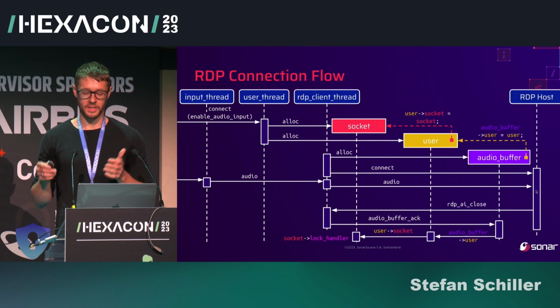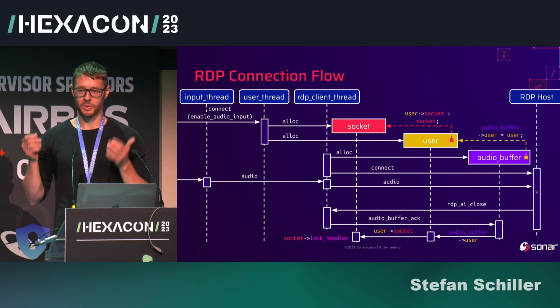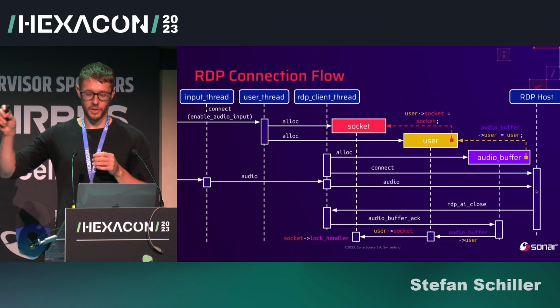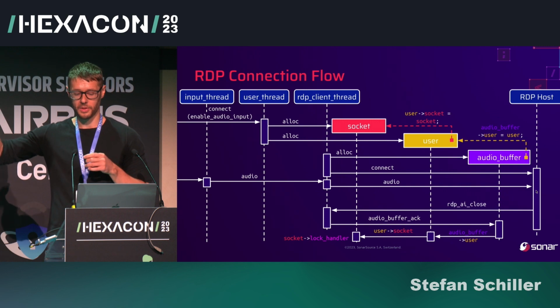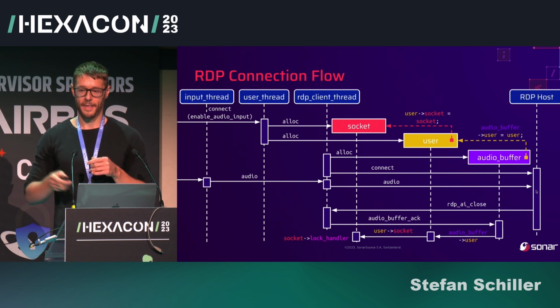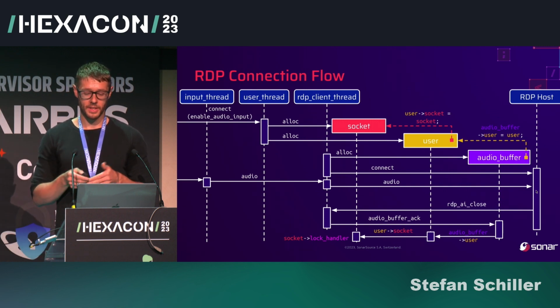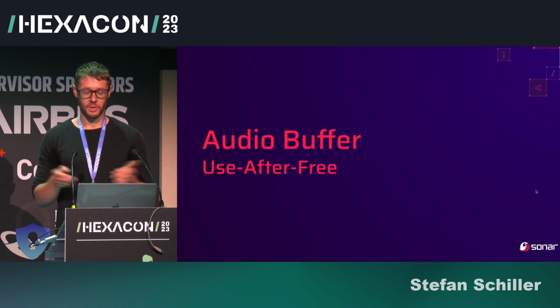This function only has access to the message in the audio buffer. So in order to send the acknowledgement message, it needs to retrieve the socket. Thus, it traverses the pointer chain from the audio buffer to the user to the socket. And the first function being called then on the socket is its lock handler function. So what could possibly go wrong?